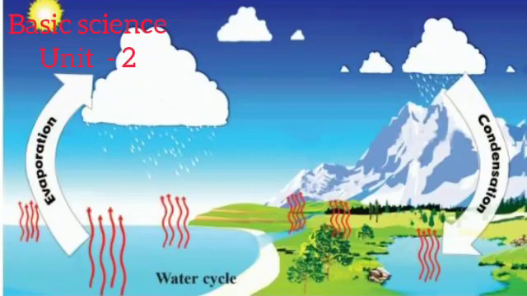This forms tiny drops, and many drops join together and form a cloud, and as a result it falls as rain on the ground. So this is how rain is formed. Clear? It is clearly given in the picture. You can see that.